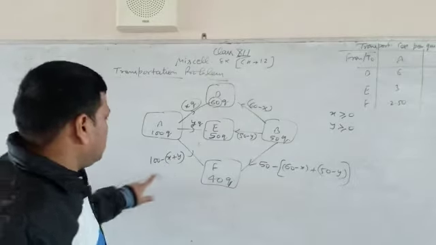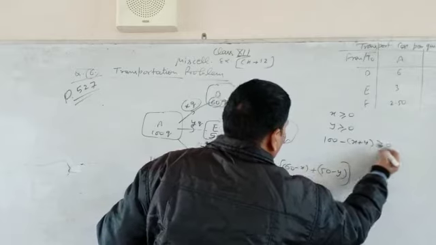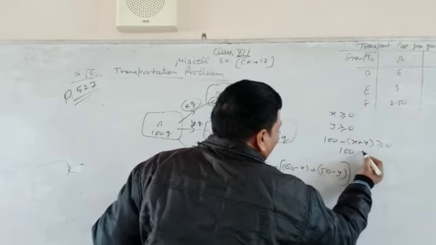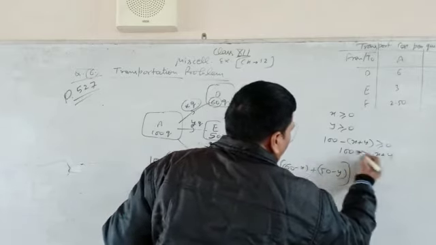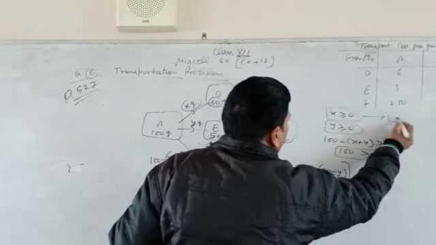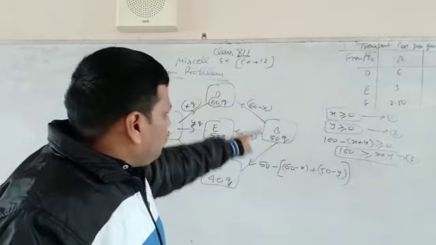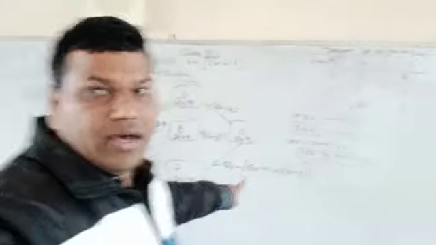Now 100 minus (x plus y) is greater than or equal to 0 means you can say that 100 is greater than or equal to x plus y. So this is the first equation, the second one and the third one. Now I am going to do it again.